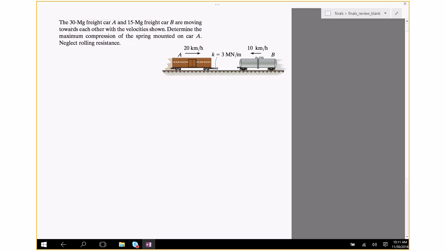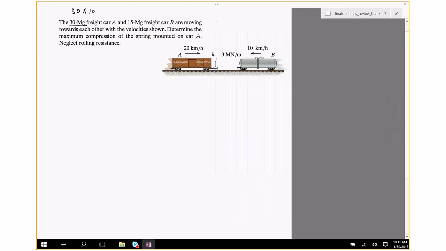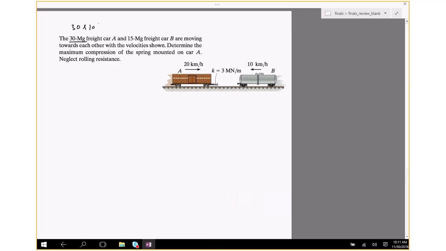So the 30 megagrams, which is 30 times 10 raised to 6 grams, is equal to 30,000 kilograms.